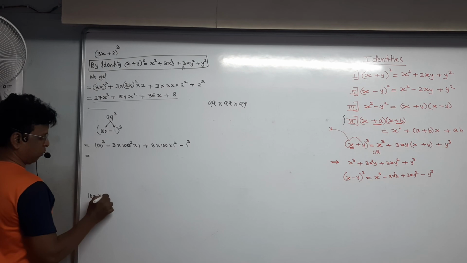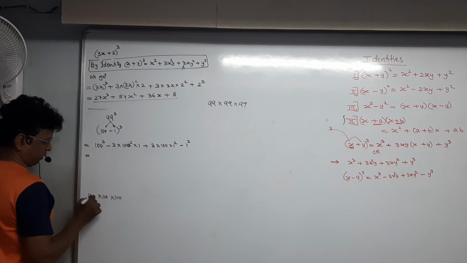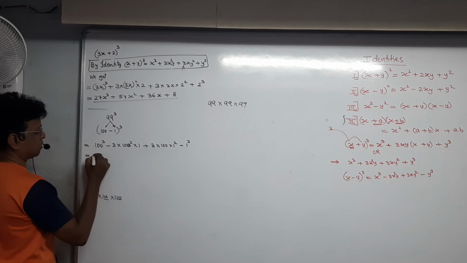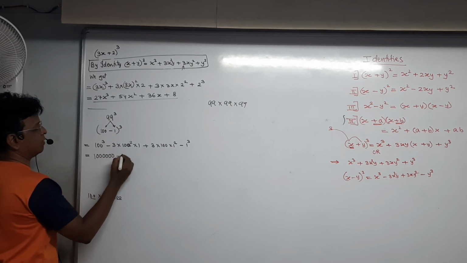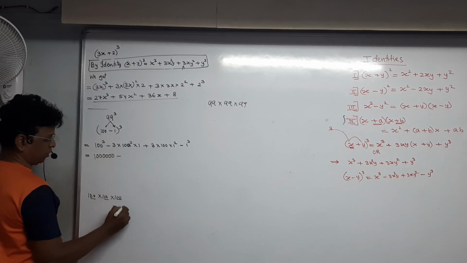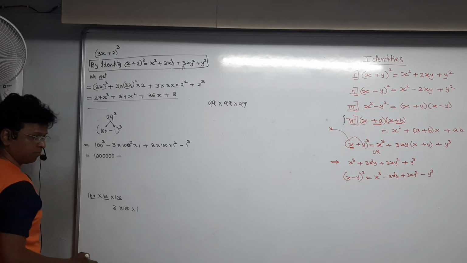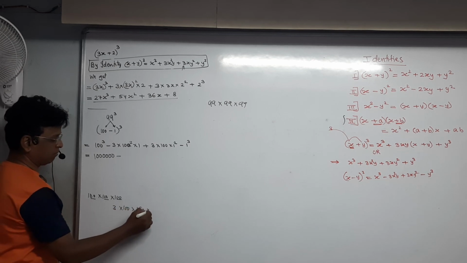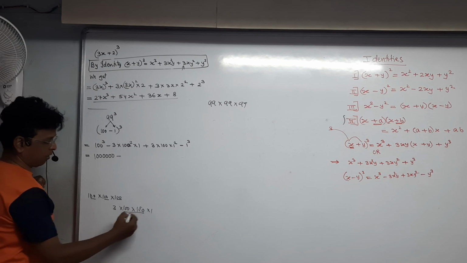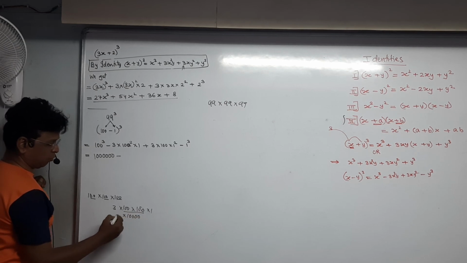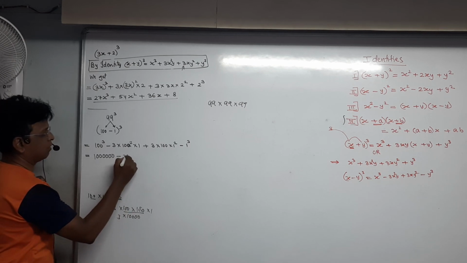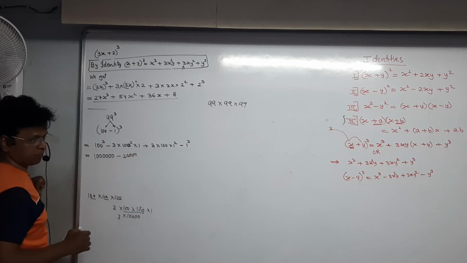Total how many zeros? 1, 2, 3, 4, 5, 6. Minus 3 into 100 square into 1: 100 into 100 will give you 4 zeros, into 3, means 3 followed by 4 zeros.